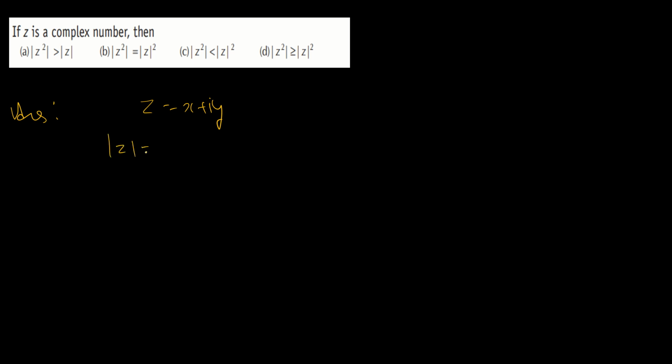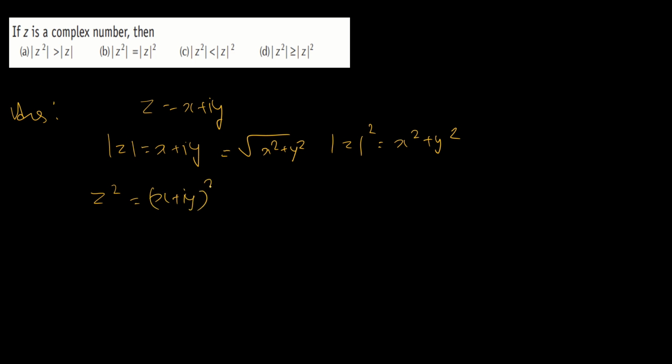Mod z is equal to mod of x plus iy, which is equal to root of x square plus y square. So what is mod z the whole square? It is equal to x square plus y square. Now what is z square? z square is x plus iy the whole square, which equals x square plus i square y square plus 2xyi, which is x square minus y square plus 2xyi.